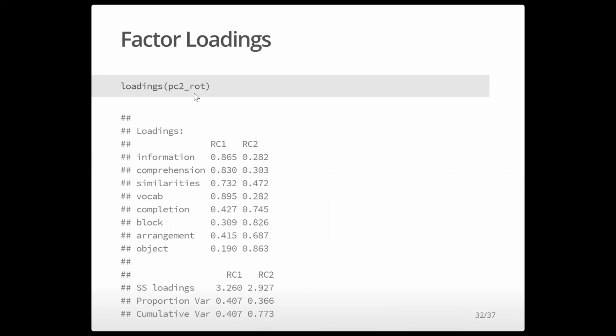Now we get a much clearer interpretation of the two factors. We see that the first factor is really being driven by these first four variables, and the second by these last four variables.